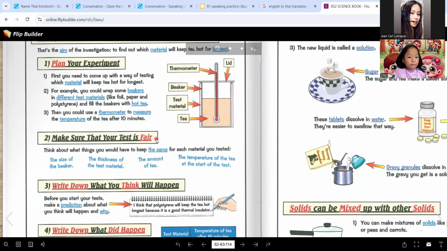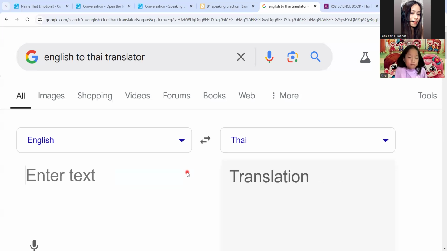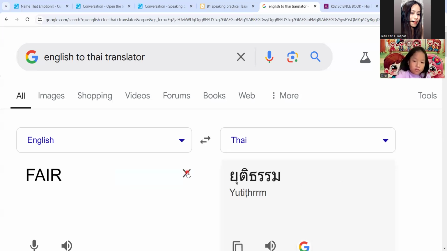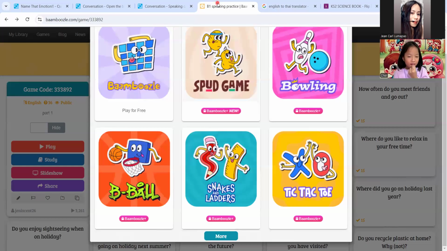What does it mean when we say fair, Sherbel? It means that you do it properly with the other material, and the other one. It's the same, okay?